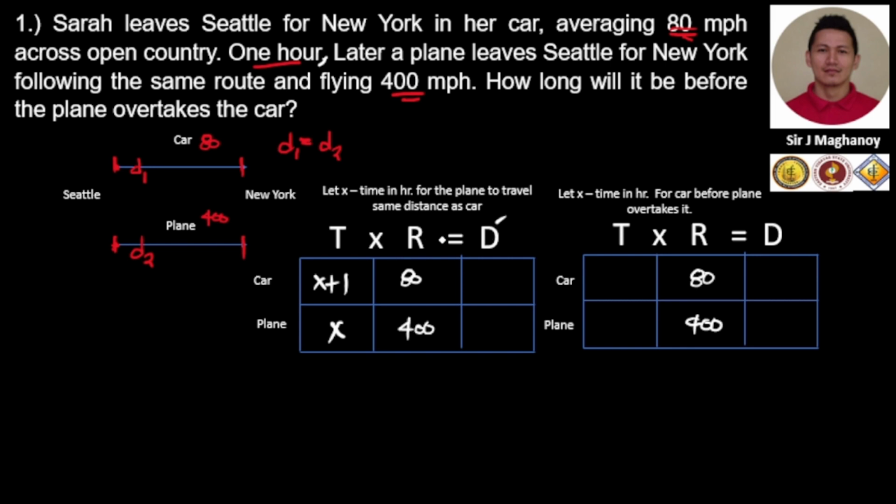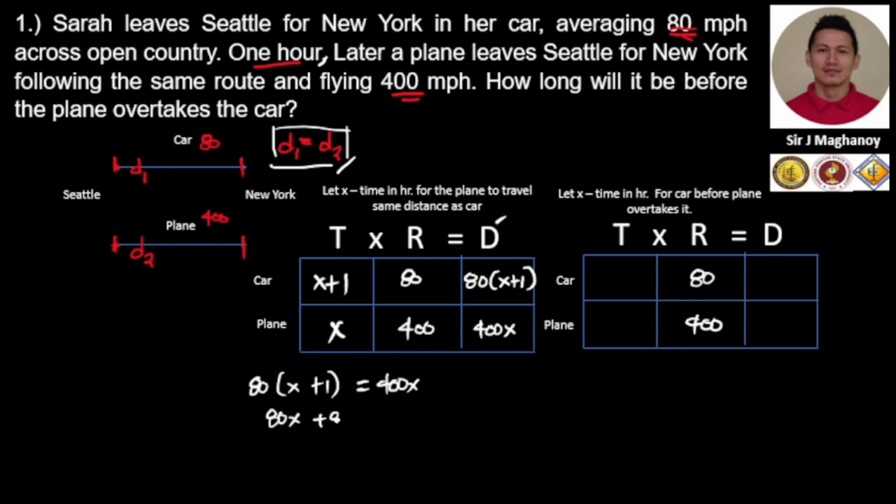Following our time times rate distance formula, this will become 80 times the quantity x plus 1 for the car, and for the plane, that is 400x. Here we can formulate our equation because they have equal distance. So 80 times the quantity x plus 1 is equal to 400x. Solving for x, this will become 80x plus 80 is equal to 400x.